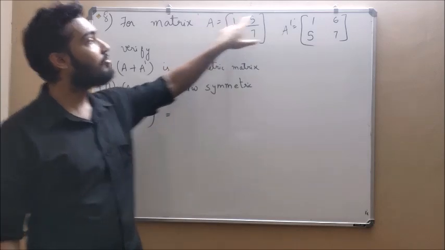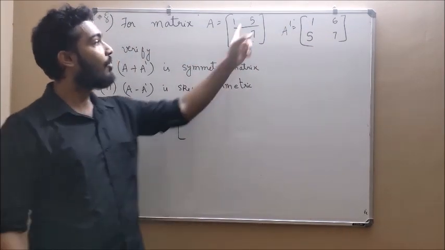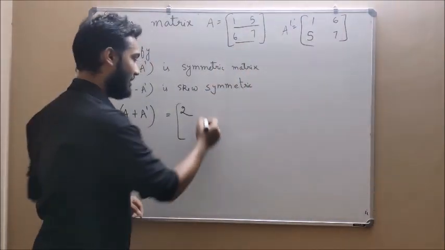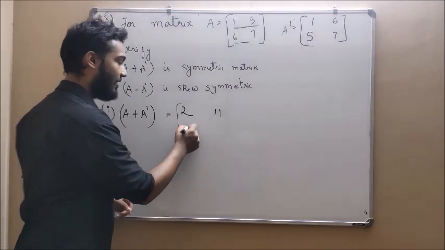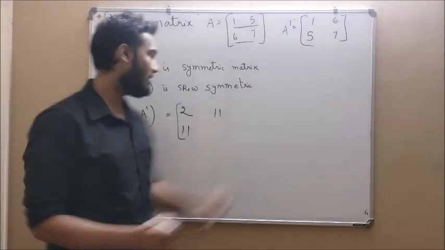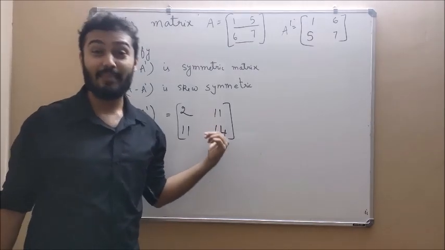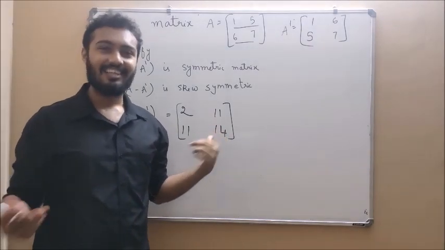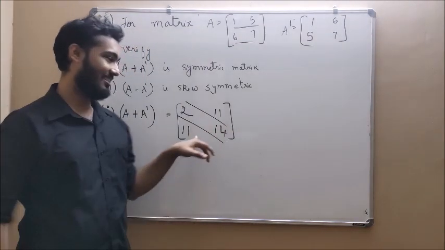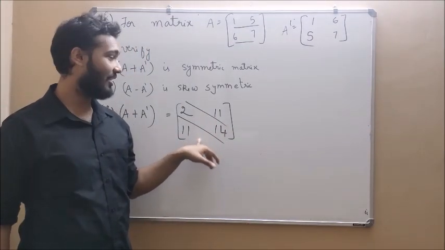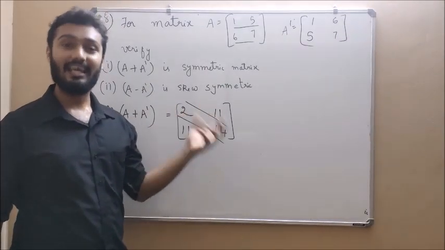Now add 1 plus 1, how much? 2. 5 plus 6, how much? 11. 6 plus 5, how much? 11. 7 plus 7, how much? 14. Now is this symmetric? Definitely, because you see the diagonal element, what is the element on opposite side? 11 and 11, they are equal.